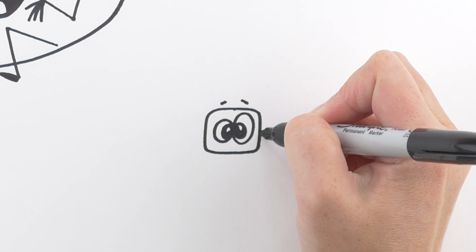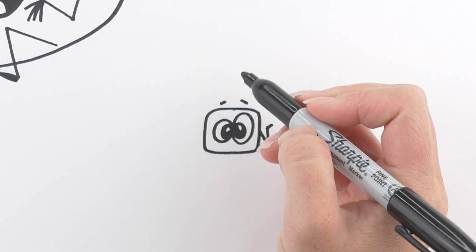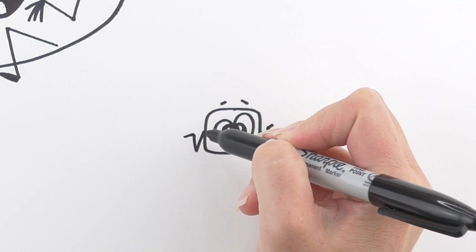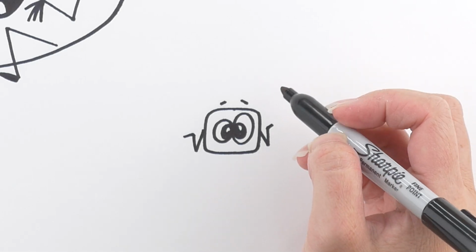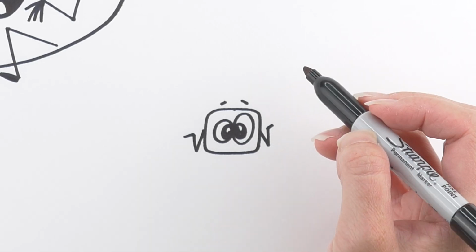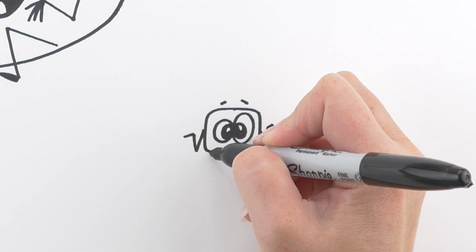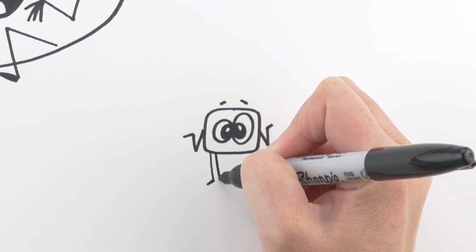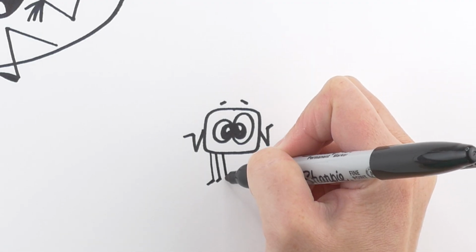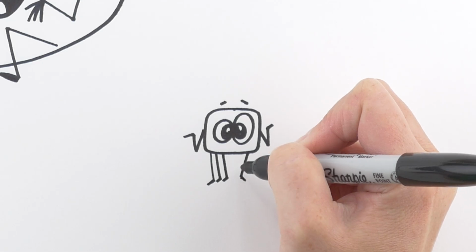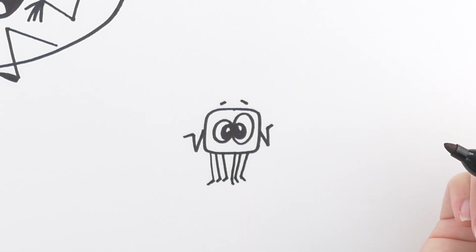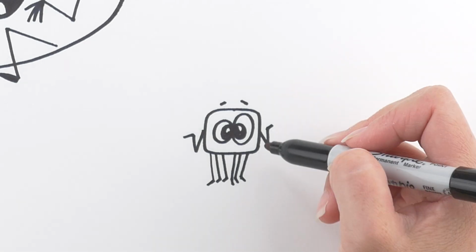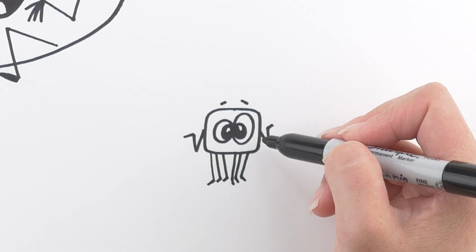So to do that, do two little arms, shrug and shoulders. And spiders have eight legs, right? So there's two, three, four, five, six, seven, eight. So clearly there's no reason to be afraid of this spider. It's super cute.